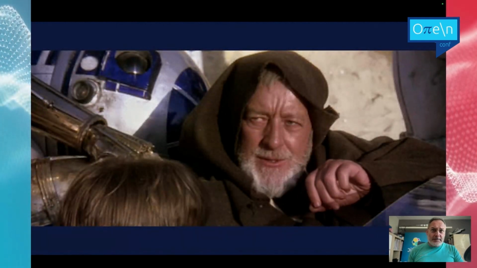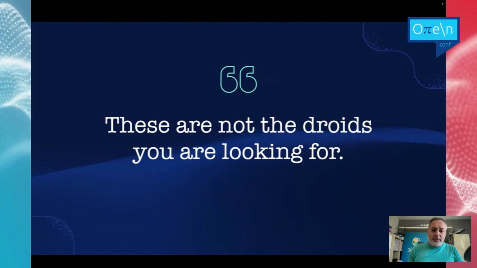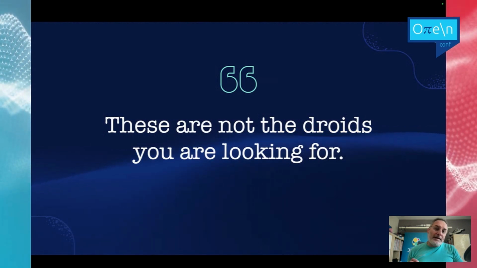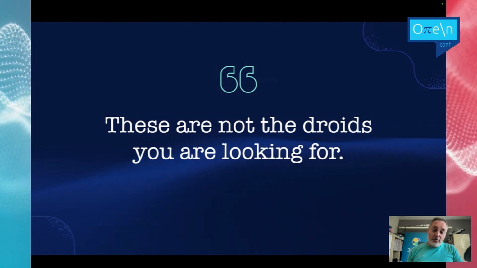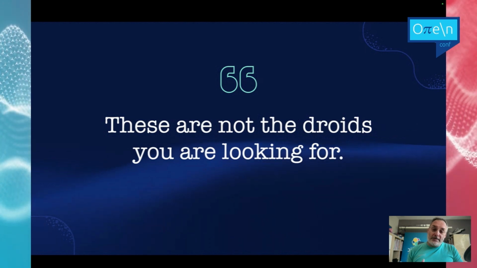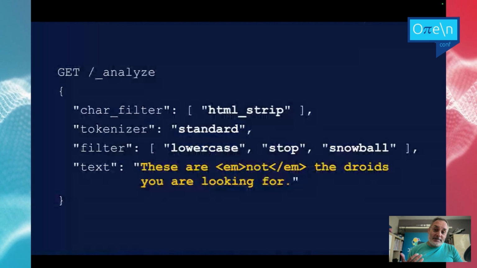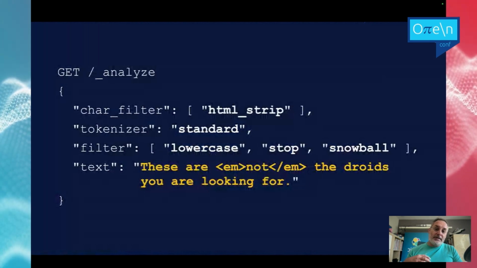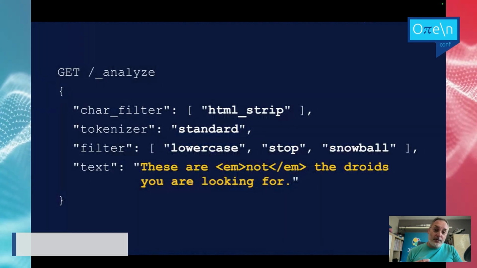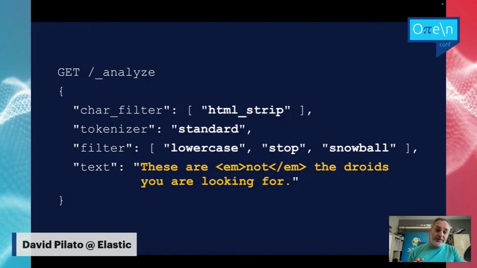To take an example, I'm going to use this sentence: "These are not the droids you are looking for." When you index this content into Elasticsearch, what is happening behind the scenes? We go through an analysis process. It removes, for example, the HTML characters we don't need anymore.